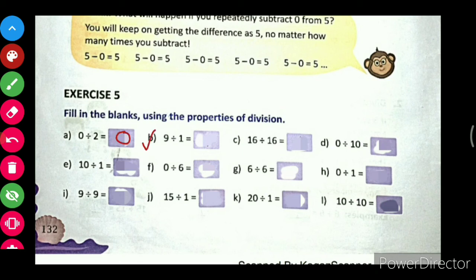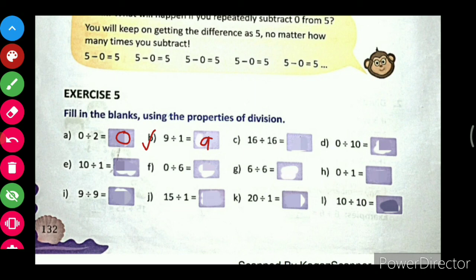Now see B part, 9 divided by 1. Compare this with the first property. If you divide 9 sweets to one person, that person will get all the sweets. The answer will be 9.